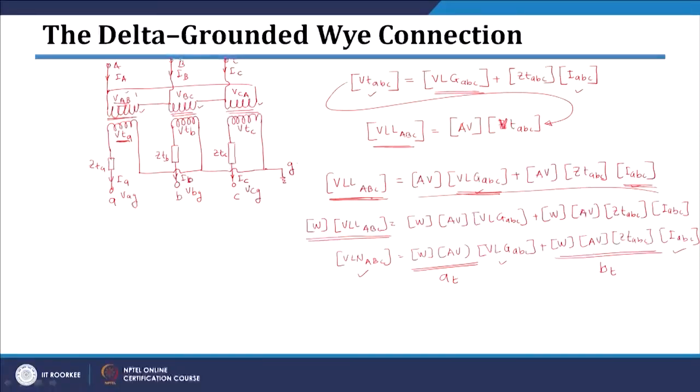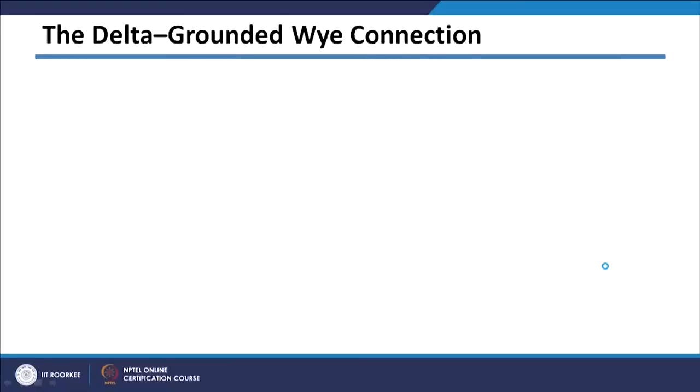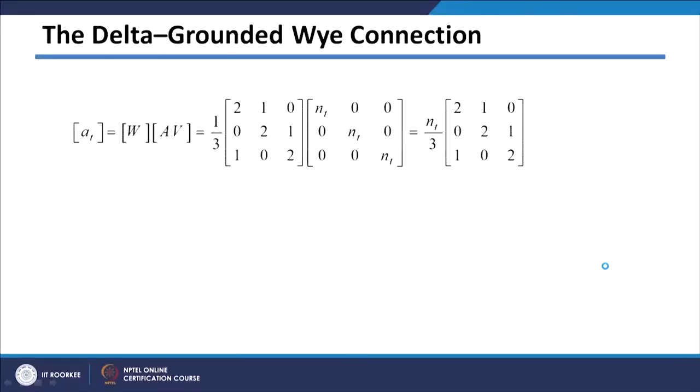So let us see what these parameters are. We have got AT, which is equal to W multiplied by AV. The W matrix we know, which is this one, and the AV matrix is just the transformation matrix, which is NT, a diagonal matrix.